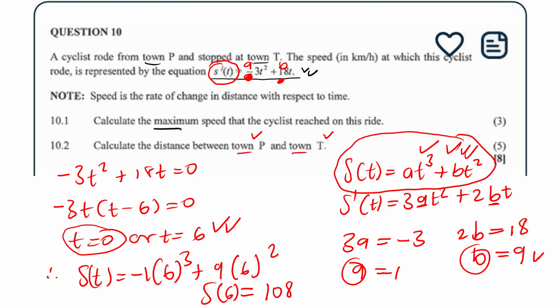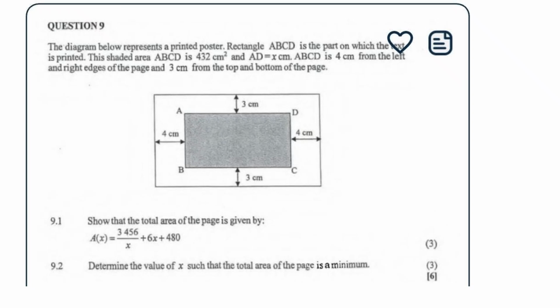You equate with your a and your b to find them. After finding a and b, you can go and find the distance between town P and T, because you already have the time. You just substitute the time into this original cubic equation. Therefore, now question 9.